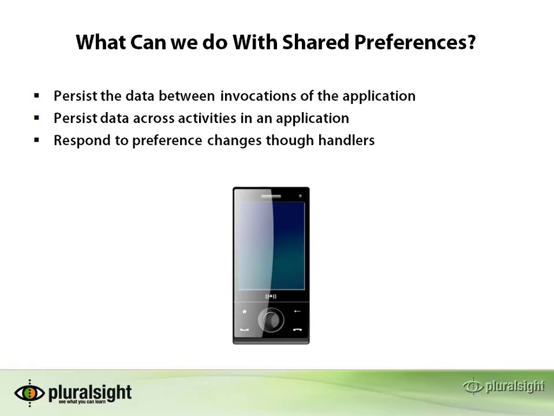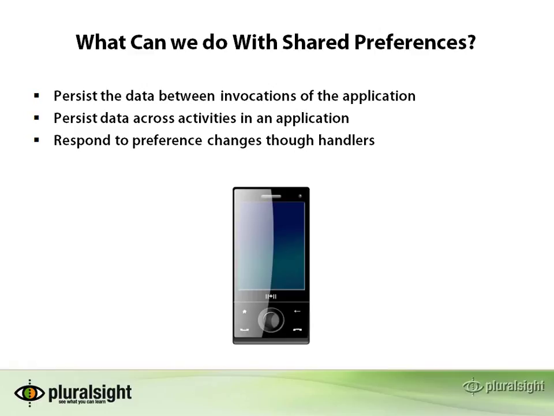The other thing that we can do with shared preferences is respond to a preference change using basically an event handler that will allow us to execute some code in response to a preference changing. And this can be very useful in our application because a lot of times we don't want to just have the user update some settings, but we want to respond when they update that setting.